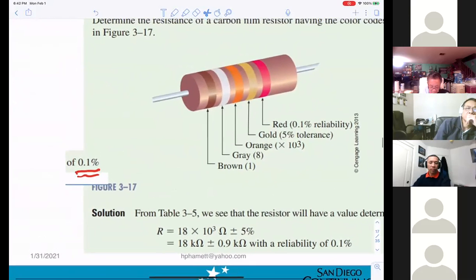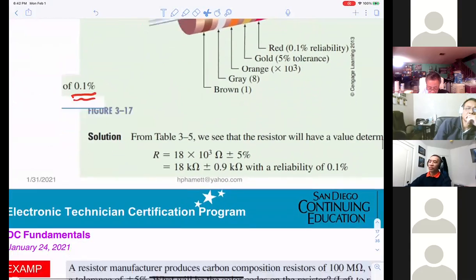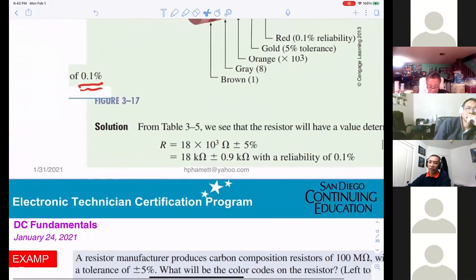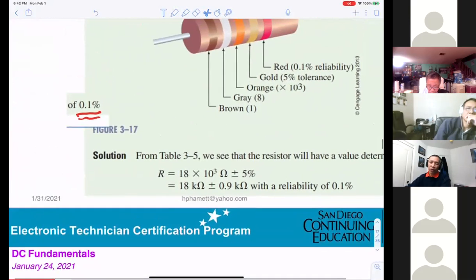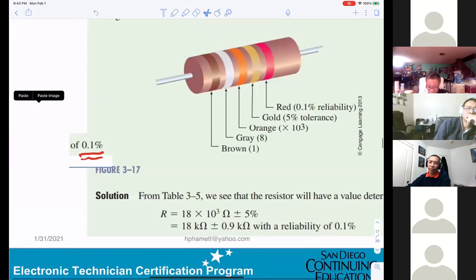So this color coding is much less common. Is that correct? Correct. Is there a specific application where you would find it? Like I said, the reliability band is mainly for doing research, because they need that special ability. But in general applications, like in the military, you just use the general 5-band resistor.